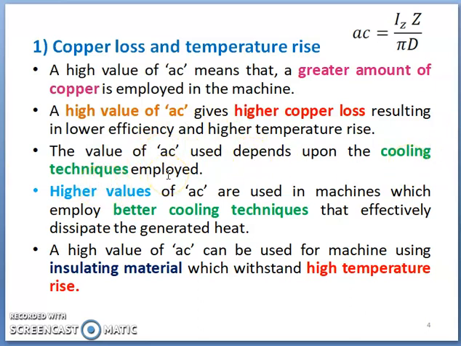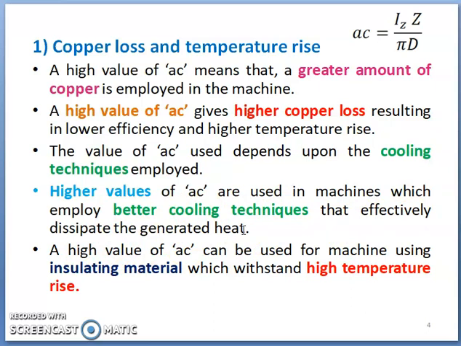Usually in generators, three different cooling techniques are used: air cooled, water cooled, and hydrogen cooled. If the machine is designed with better cooling techniques, the designer can choose a higher value of AC, because better cooling will effectively dissipate the heat generated.